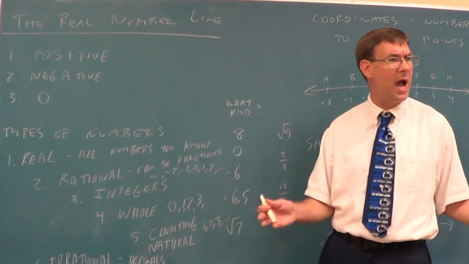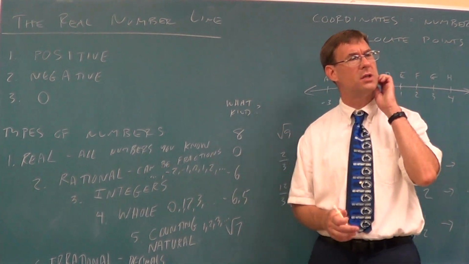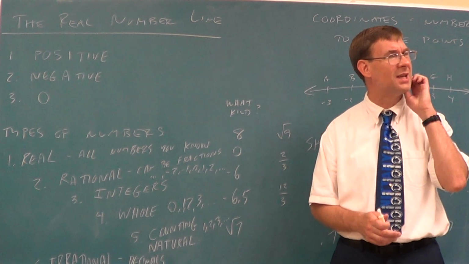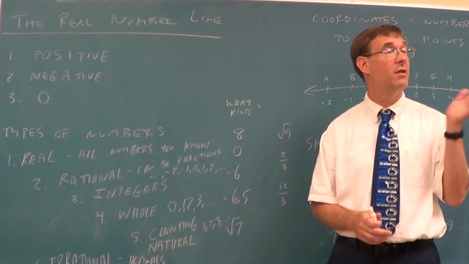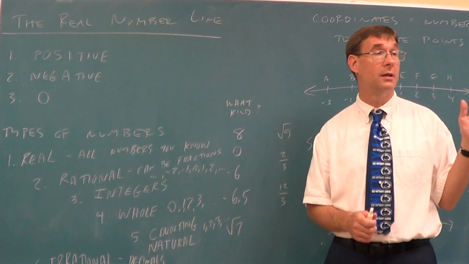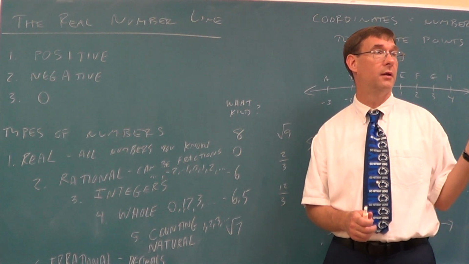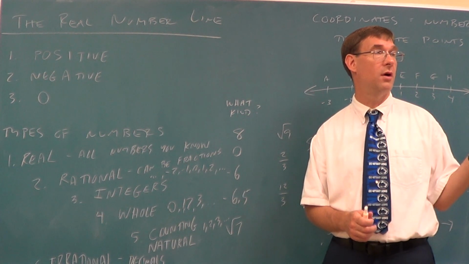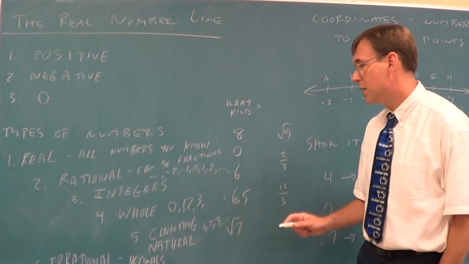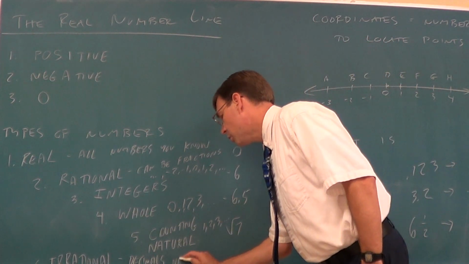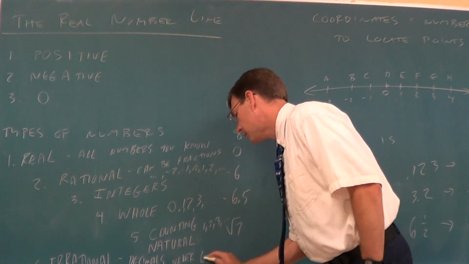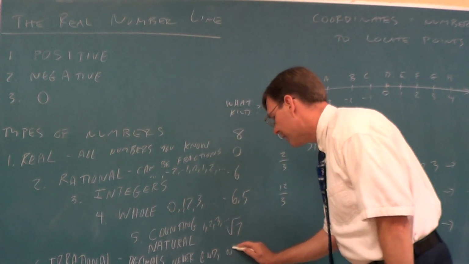Yeah, why is pi a really wild, crazy number? It goes on forever. Yeah, it goes on forever and it never ends, but there's other things that never end. It also never repeats. So if we go irrational, the decimals never end and they never repeat.